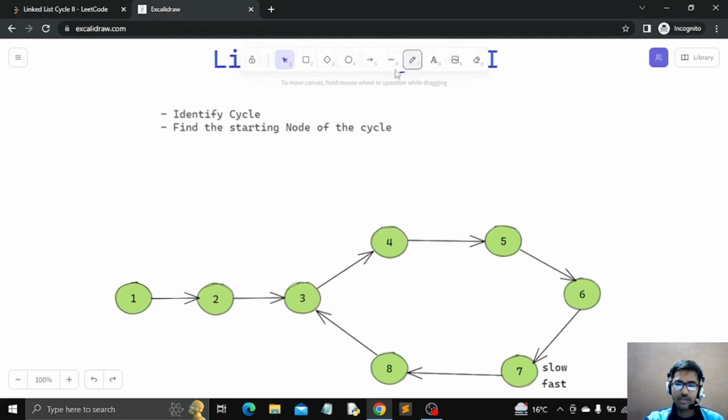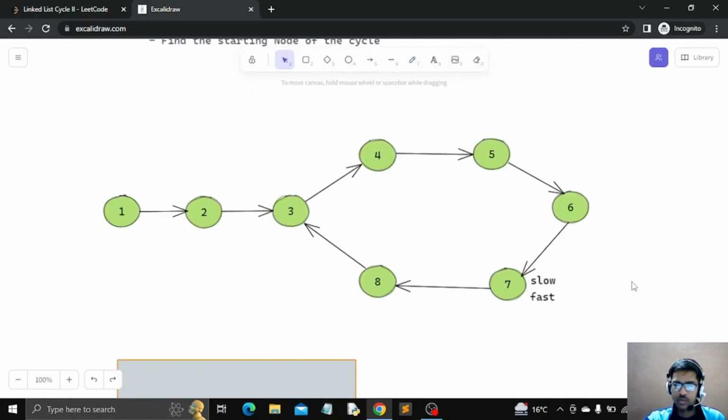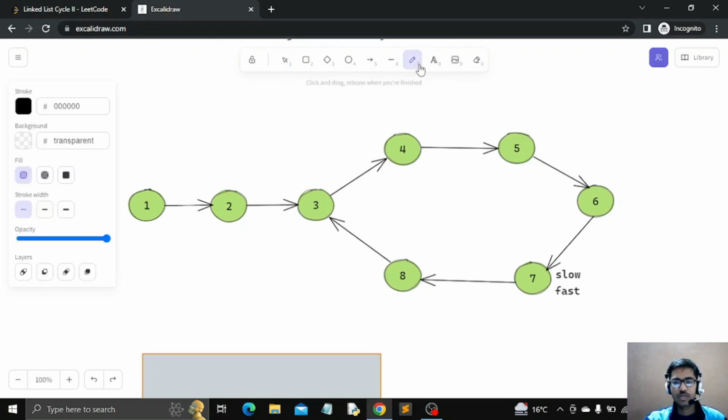So now that we have identified the cycle, our task is to find the starting node of the cycle. In order to do that, we need to understand a few basic things. So let us consider the distance from the head of the linked list to the starting node.